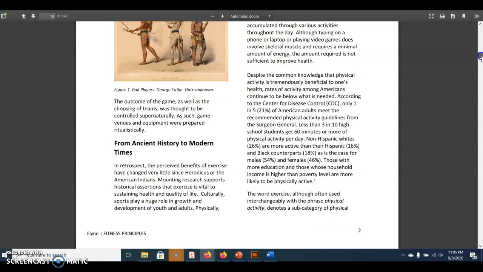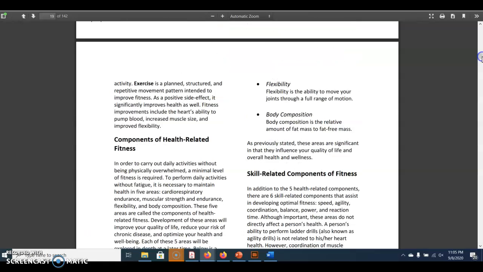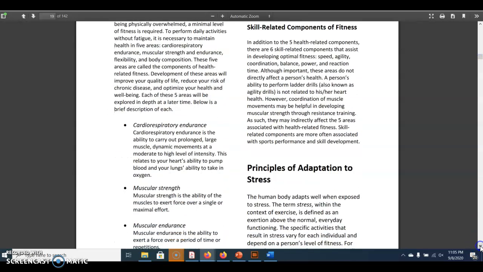But what's interesting is that you will see here that it starts with the components of health-related fitness, and then it talks about the components of skill-related fitness. And so you want to know those. The health-related components of fitness are those that I just described to you, and they're very important. So you do want to know them, but they're not the answer to our question.